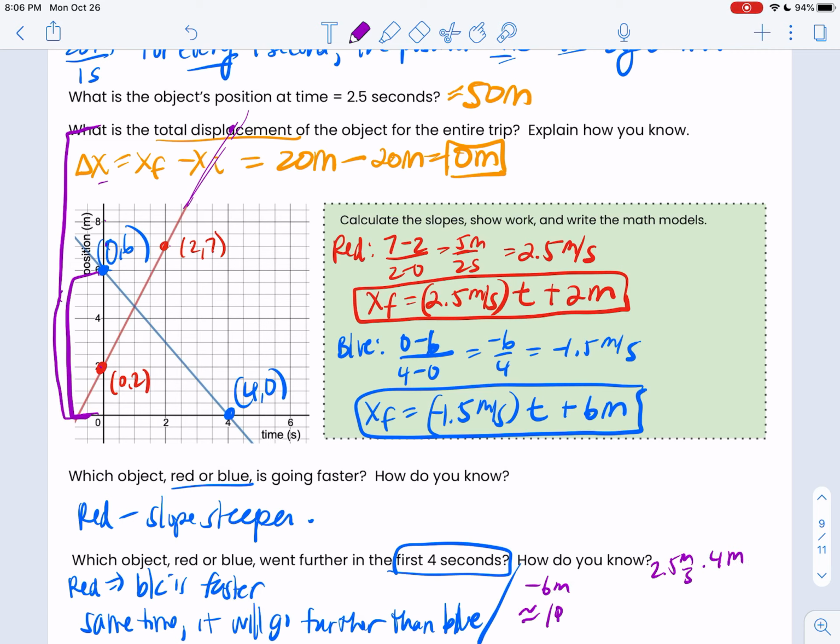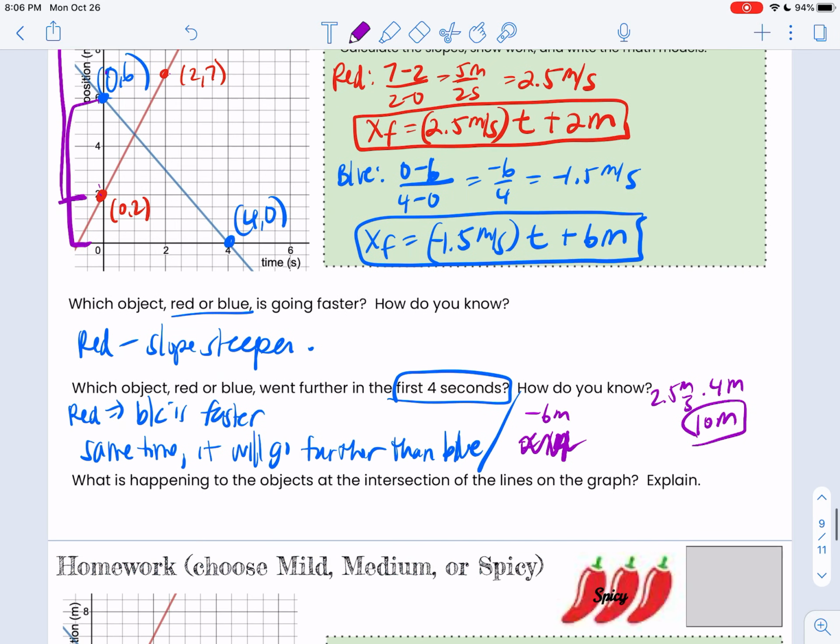Oh yeah, it's going to be about 14. That's what I thought. Oh, I know why I drew this wrong. Hold on. I was so confused there. 2 up. So it's going to go 10 meters in that same time. So if it started at 2, it's going to end up here at 12 somewhere.